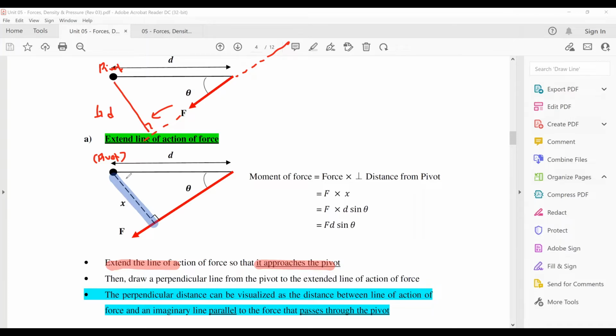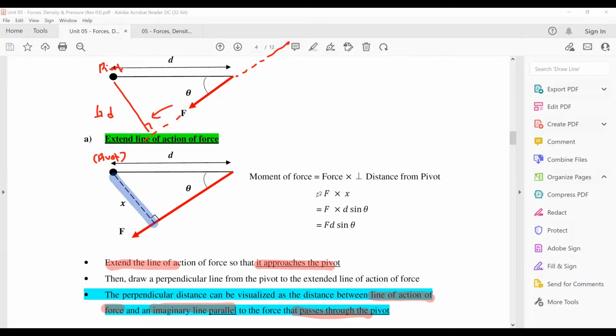Now, if you have trouble visualizing what perpendicular distance is, the easiest way I can tell you is this. Visualize it as the distance between the line of action of the force and an imaginary line drawn parallel to the force that passes through the pivot. What do I mean by that?